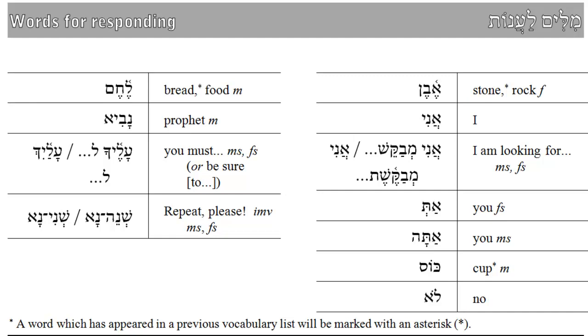Suppose, for example, that in one unit you learned the vocabulary word for listen, the verb to listen, and later on you learn listener, or one who listens. In that case, the second occurrence, listener, one who listens, would be marked by an asterisk. This is indicating that while you need to memorize this as a new word, you have learned the underlying meaning of it earlier, and consequently it would be a little easier to remember this second word.